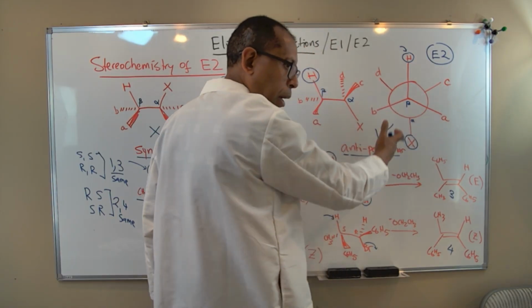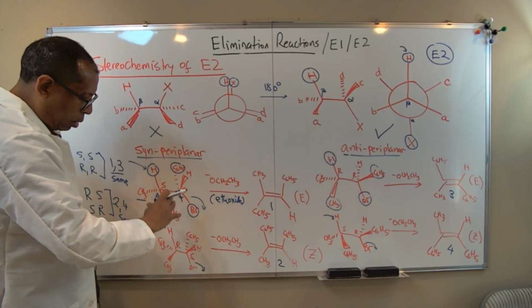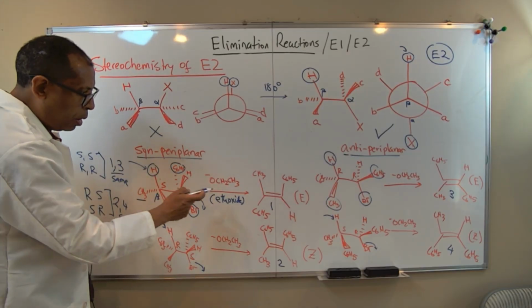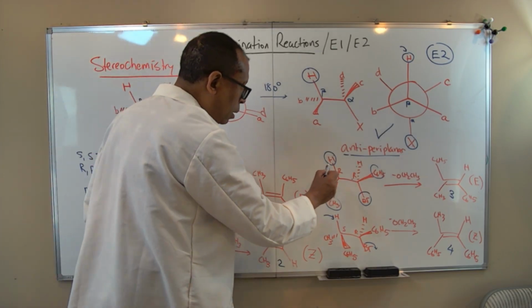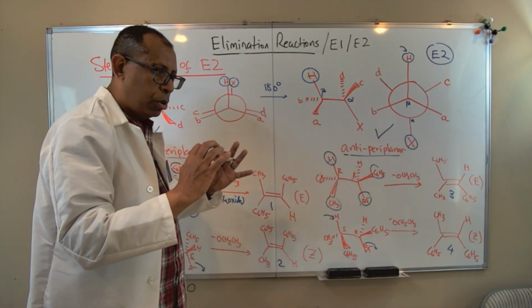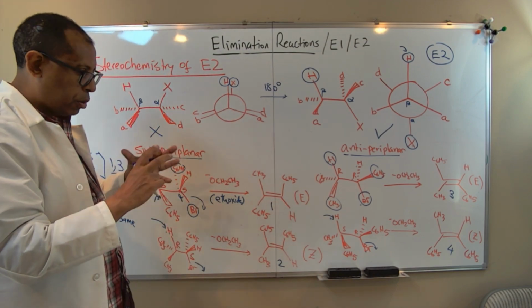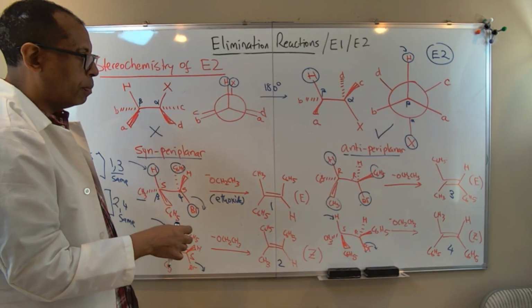So that should be an anti-configuration. In all of them, we have arranged it so that they are anti. Here, this and this are anti. This and this are anti. This and this are anti. So you should be able to do the Newman projection or also mentally rotate the anti-configuration.